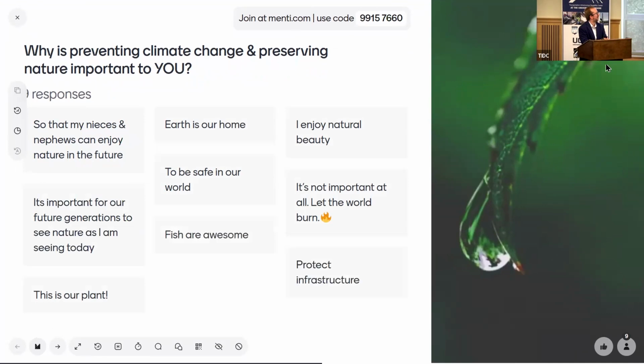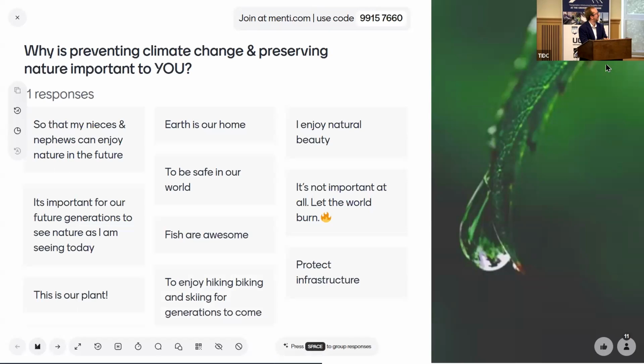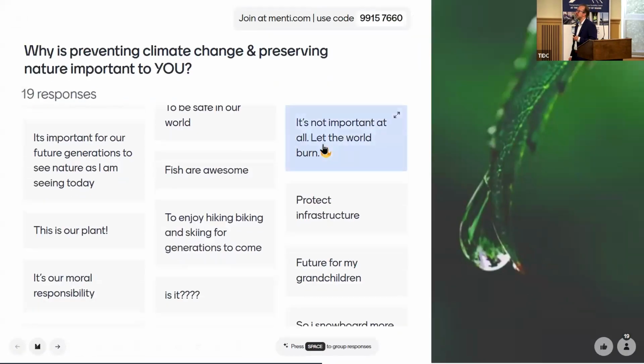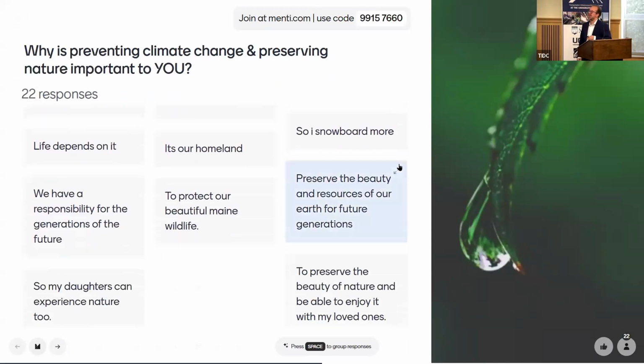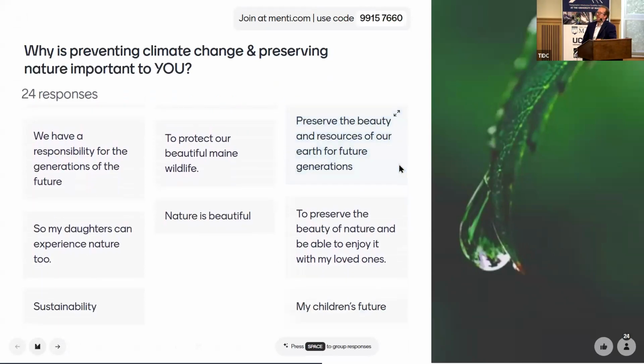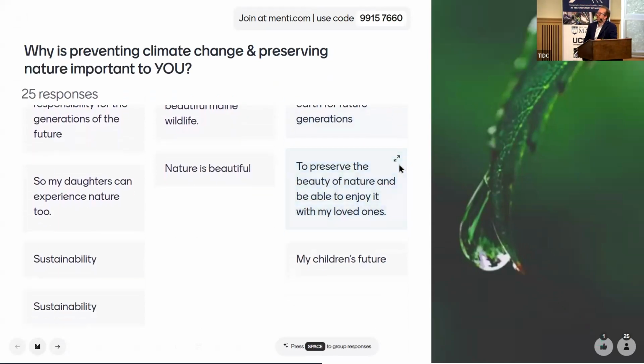Got some sarcasm in the crowd. Appreciate that. So we've got people thinking about future generations, about nature, about preserving beauty, about protecting wildlife and ecosystems.